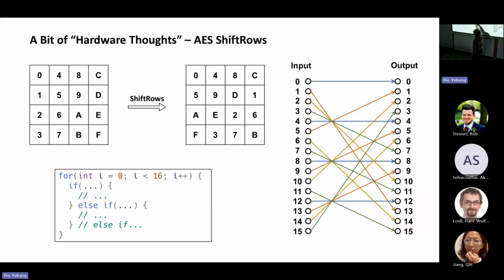So what does this operation do? It basically shifts the elements in each row. For the first row here, it shifts the elements by 1 position, and for the third one, 2 positions, and for the fourth, 3 positions, as you can see here.